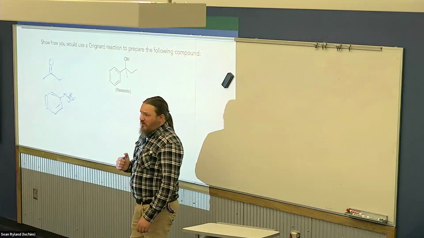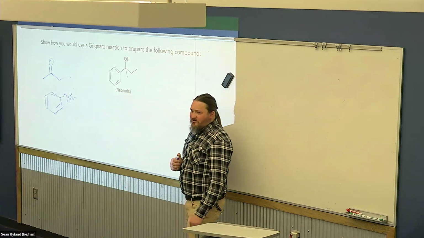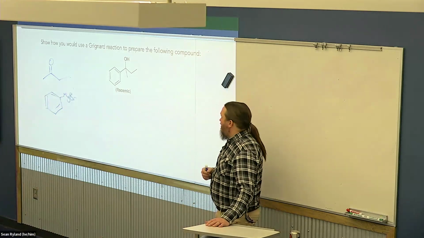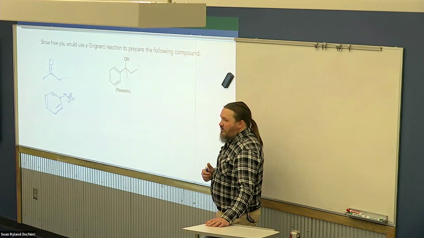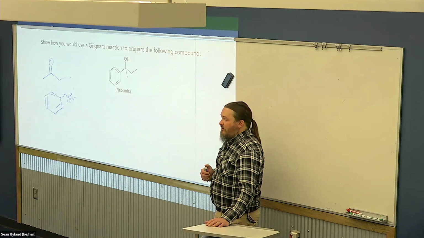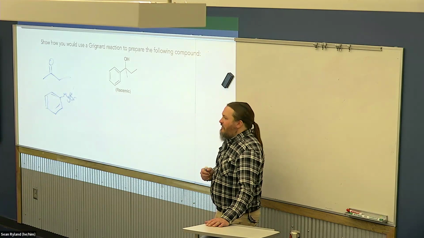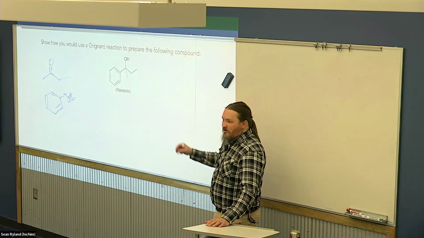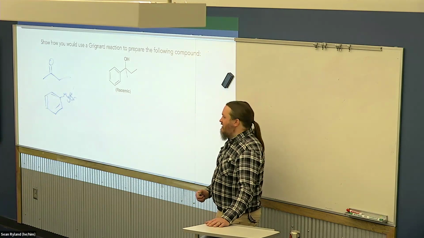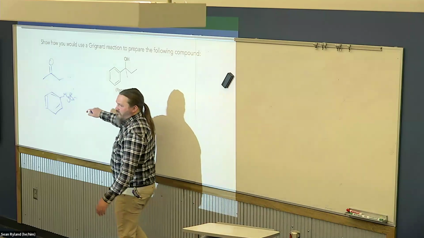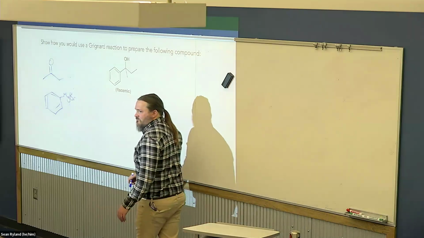Basically, how many different combinations could we use? 3, right? We could technically start with an aldehyde with only one of our R groups attached and then do 2 successive Grignard reagents, but it's going to give us better yields if we start from a ketone instead of the aldehyde.